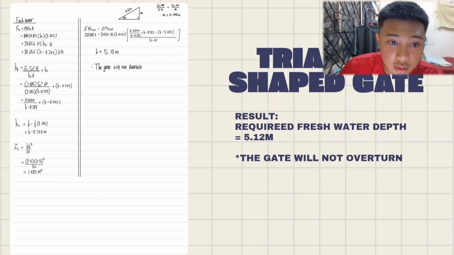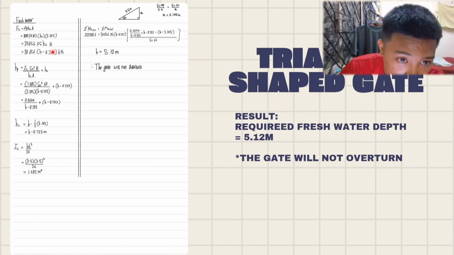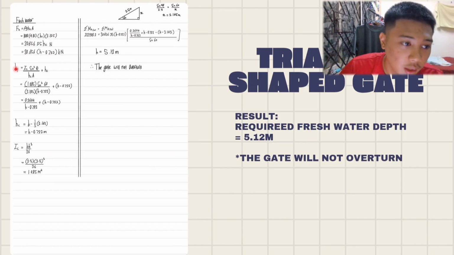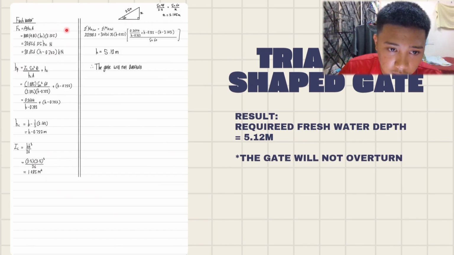All right, so here's the next part for the freshwater side. Same as before, we need to find the hydrostatic force using this formula. We just plug in all the values. Since the question is asking us to find H, in this calculation we need to put H as our unknown value.